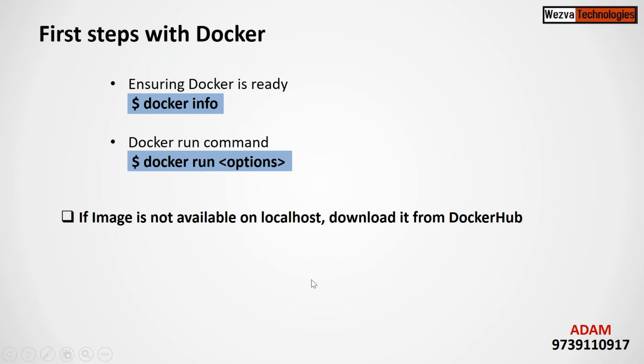If not, it will go to the specific registry. And again, if you do not tell the registry, it will go to Docker Hub and download the image to your machine. Okay, so this is a one-time activity. Now, once the image is available on your machine, then using that, it will create a container.